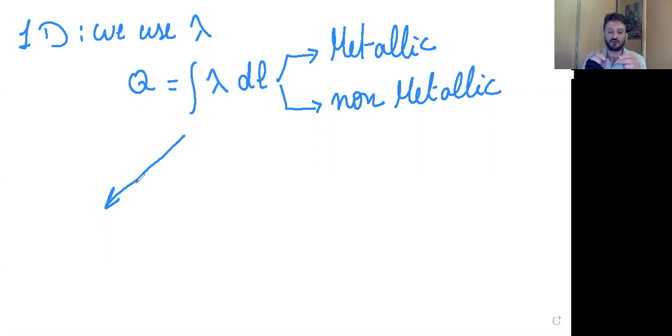So here we have, for example, 5 coulombs. Here we have 5 for the same length. Here we have 5. So lambda, the charge density, is constant along the length of the object. So in the case of uniform distribution, we have a constant value of lambda.